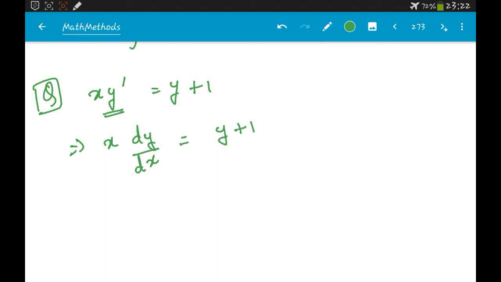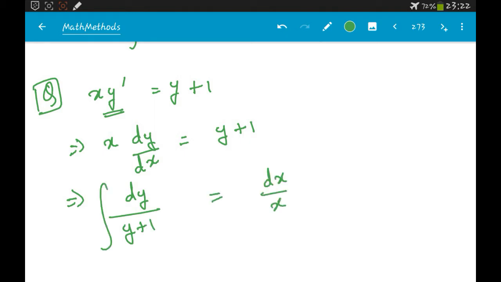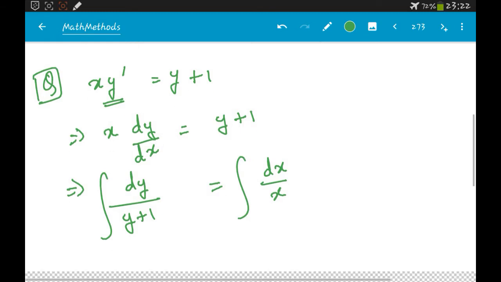Is this a separable equation? The way to determine that is to bring all the y terms to one side and all the x terms to the other side. We can do that by writing dy by y plus 1 is equal to dx by x, and then we can integrate it.